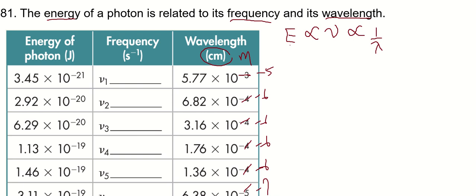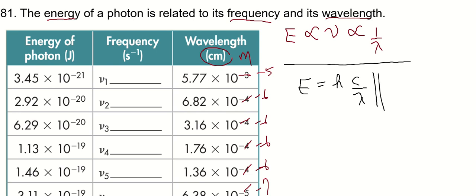And there's a couple equations we can use. We can use that energy is equal to Planck's constant times the speed of light over the wavelength. We give you that. Probably the easier or the faster way to do this is using the speed of light is equal to the wavelength times the frequency, because there'll be less key entries.